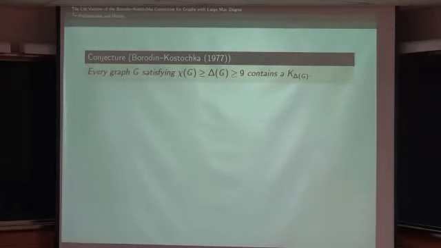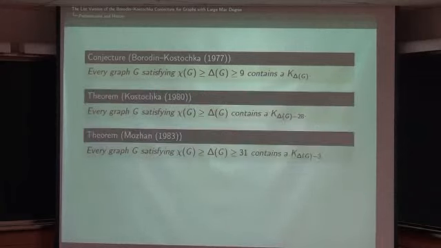So in 1977, Borodin and Kostochka made this conjecture, and 3 years later, Kostochka proved that, well, you don't get a clique of this size, but you have a clique of size delta minus some constant, where that constant is somewhat big, namely delta minus 28. And the thing you see here is that there's no condition on delta being sufficiently large.